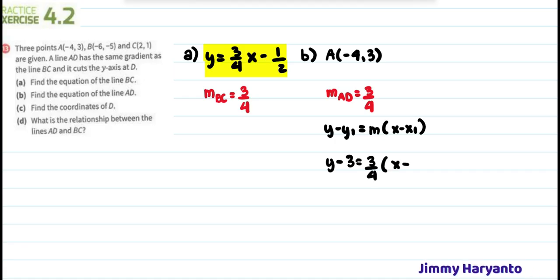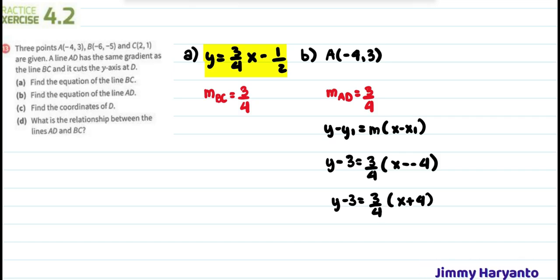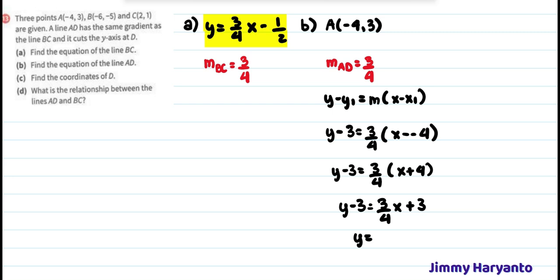X1 is negative 4. That means y minus 3 equals 3 over 4 times x plus 4. And then y minus 3 equals, multiply this one, you'll have plus 3. And then 3 plus 3 equals 6. So this is the answer for question B.